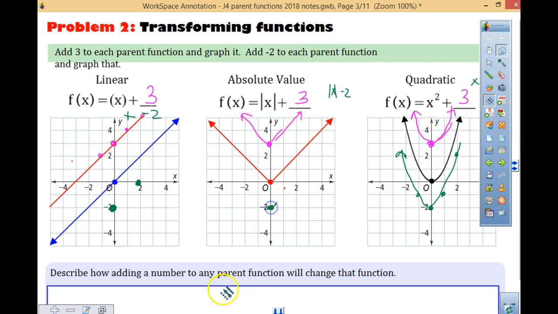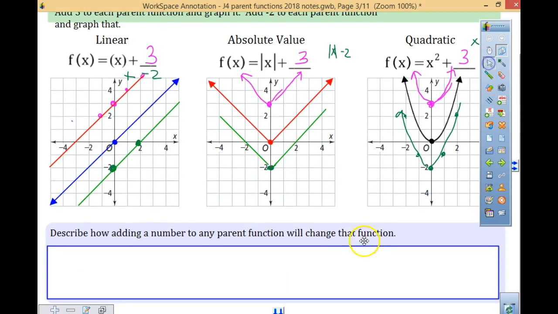Oh, let's change the color. So I still notice that when I look at these, where that vertex is, and as we look at this one, so not only are we looking at the y-intercept, but the x-intercept as we look at these.